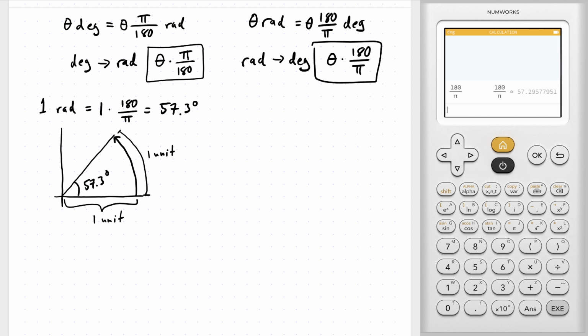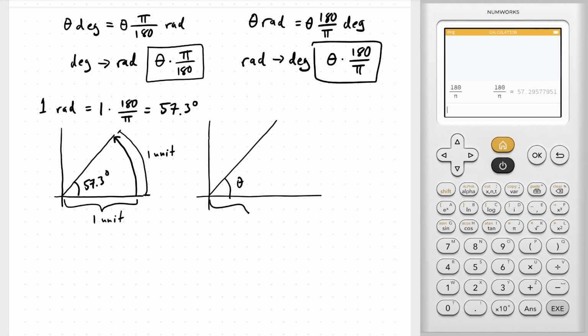Okay, so what if we want to be a little bit more general about this? So let's draw another little coordinate axis here. Okay, and this angle right here is some angle theta. I'm not going to specify what it is. It could be 57.3 degrees, it could be 20 degrees, it could be any number of degrees.